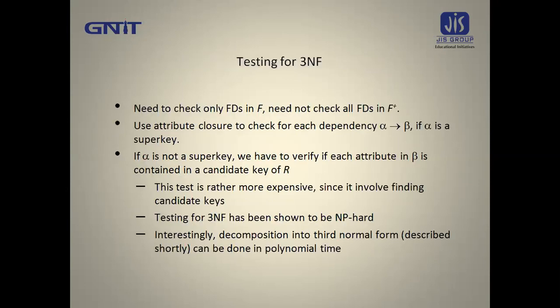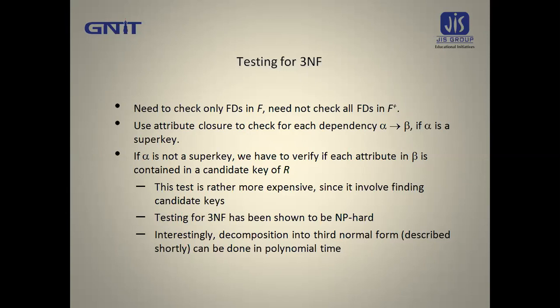Now, how to test for 3NF? We need to check only functional dependencies in F. We need not check all functional dependencies in F closure. We can use attribute closure to check for each dependency alpha implies beta if alpha is a super key.